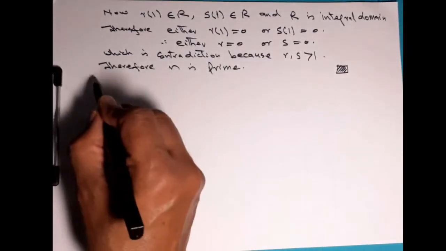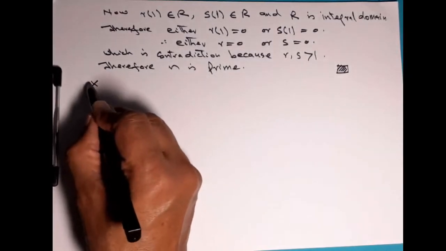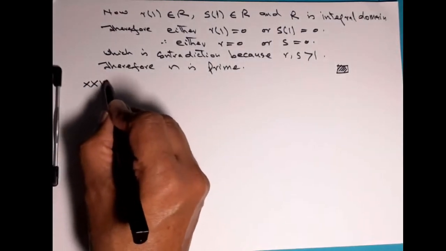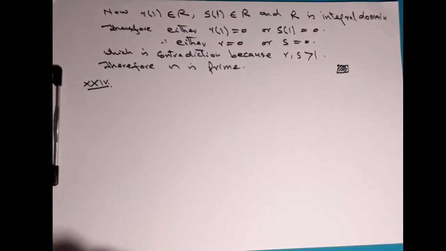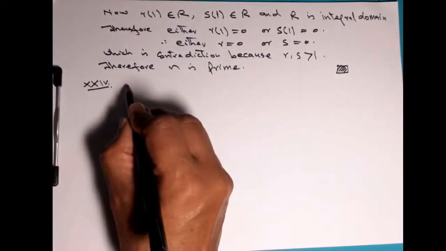Let's have an observation or a note. In fact, I'm using this condition again and again. An integral domain is a commutative ring with identity which does not contain zero divisors. Let me recall it.